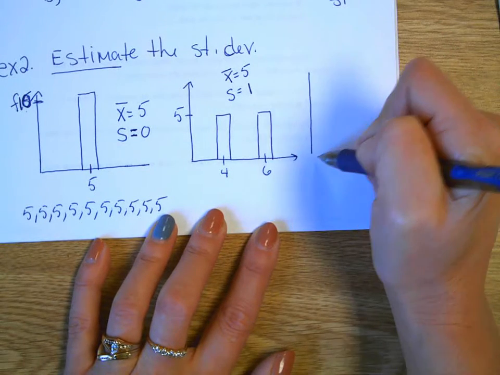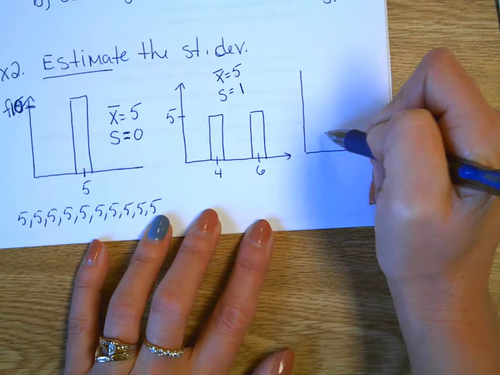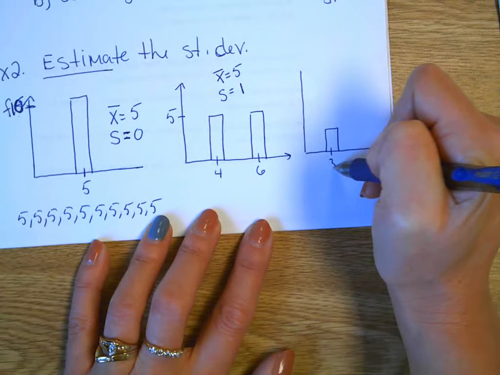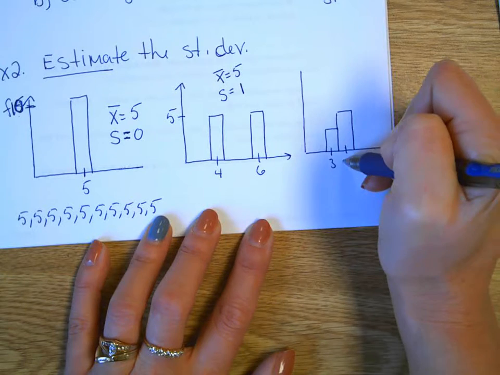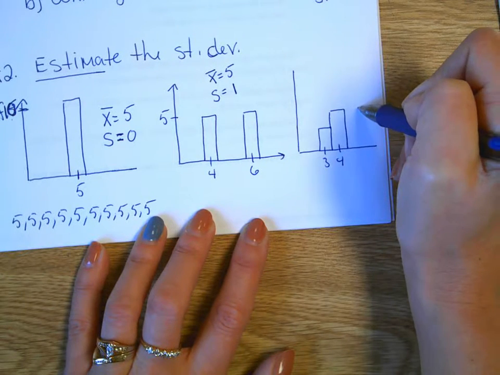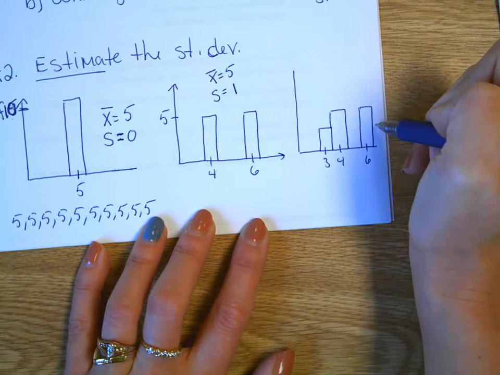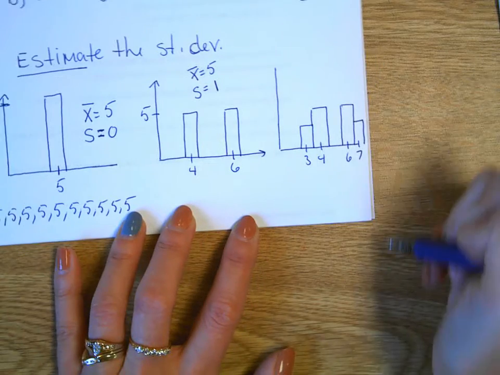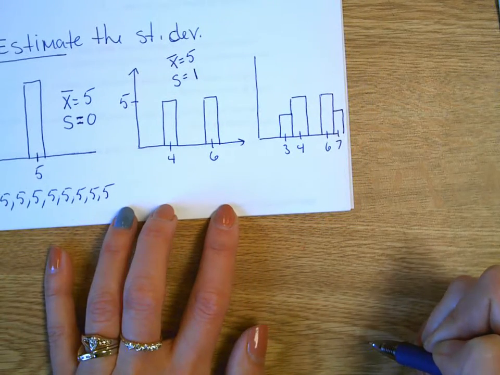And our last one, say I've got 3s, 4s, 6s, and 7s. I don't even care how many I have.